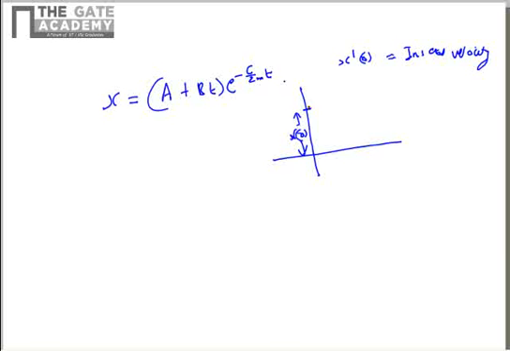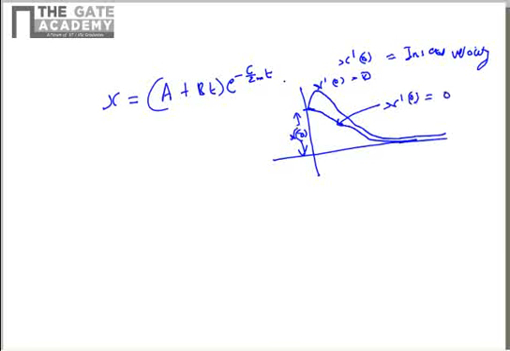If x dash 0 is greater than 0, there is some initial velocity, then it will look like this. The graph will go towards the top and then it will come down and decay and tend to 0. If x dash is 0, there is no initial velocity, then it will just exponentially decay.